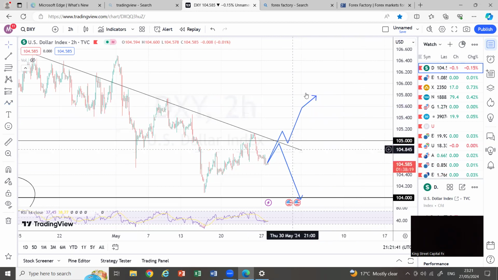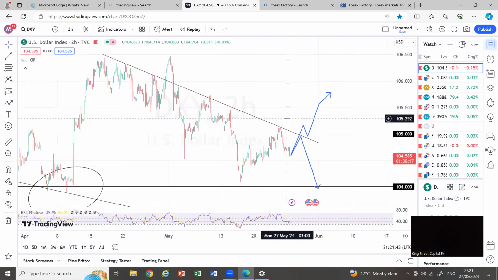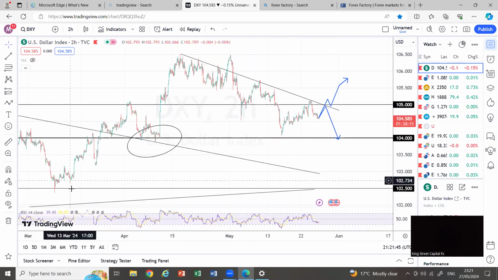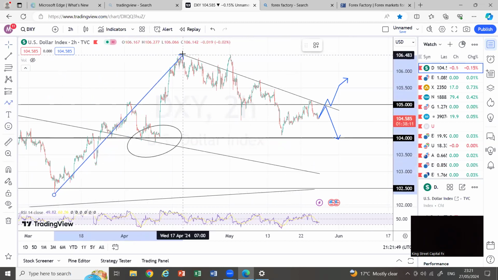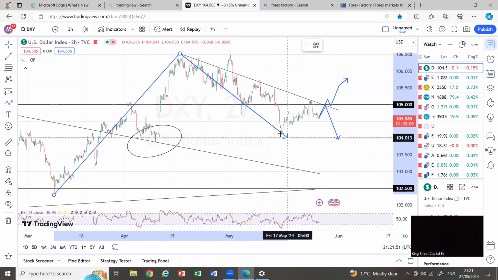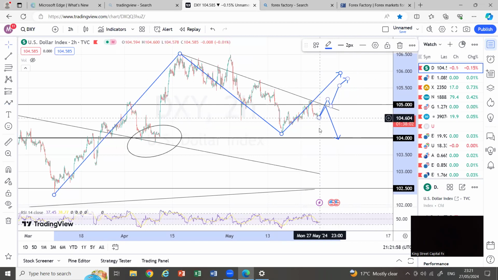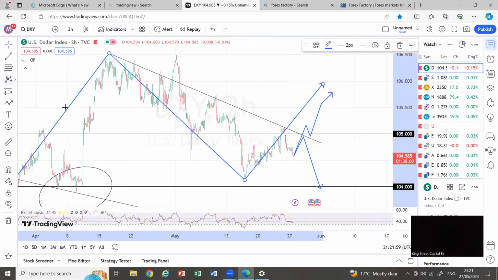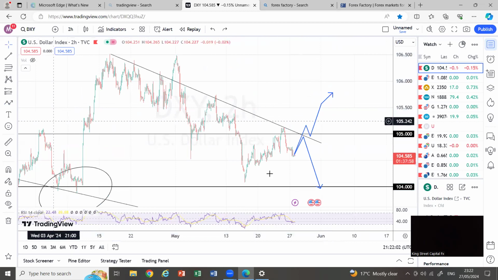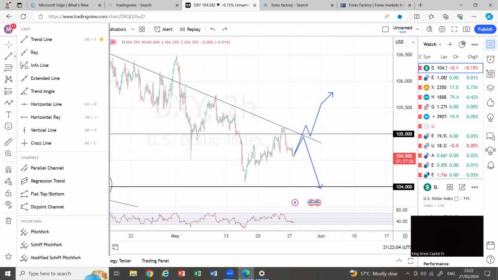So these are the two levels if price does continue toward the upside, giving the confluence or the confirmation for this bullish pattern towards the upside. That's what we do see here. We have seen this level almost reached.